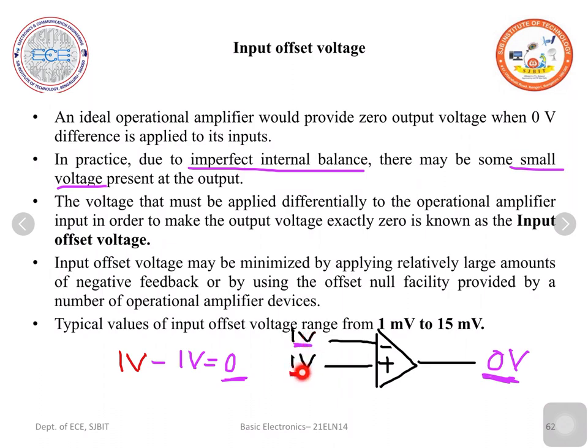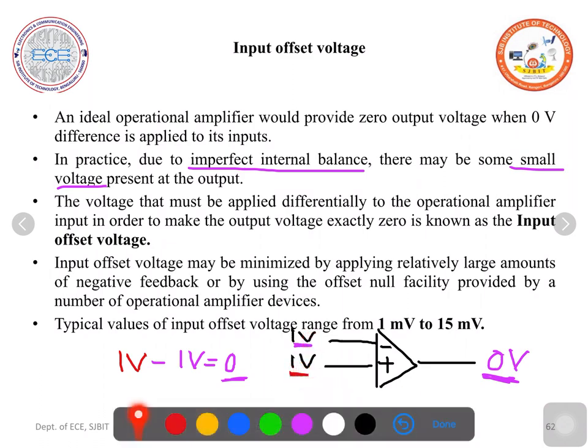When you apply 1 volt, 1 volt, the difference is 0. Or you can go for 2 volts, 2 volts, the difference is 0. If you amplify the difference, definitely you should get 0. But due to imperfect internal balance, some voltage is always present at the output.